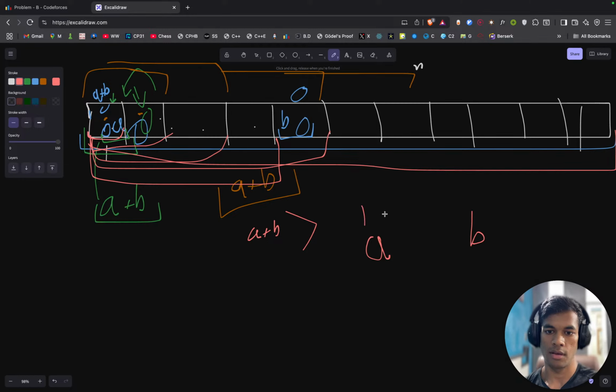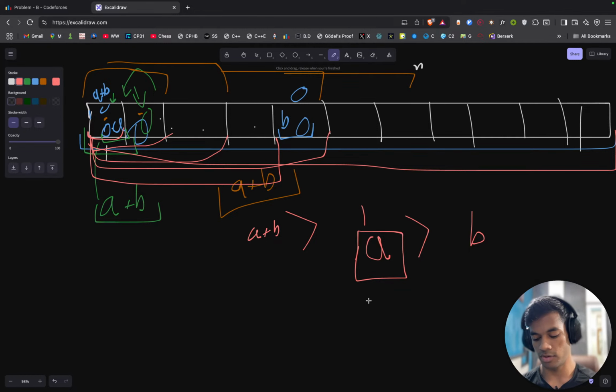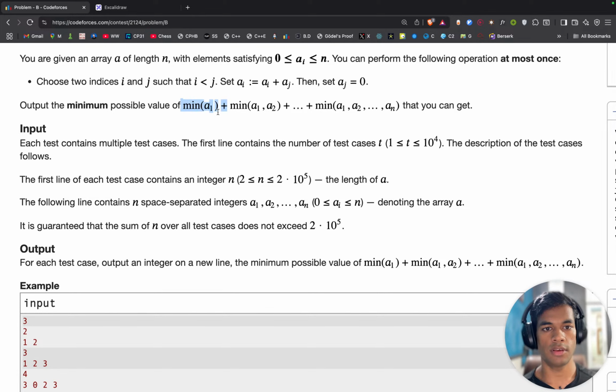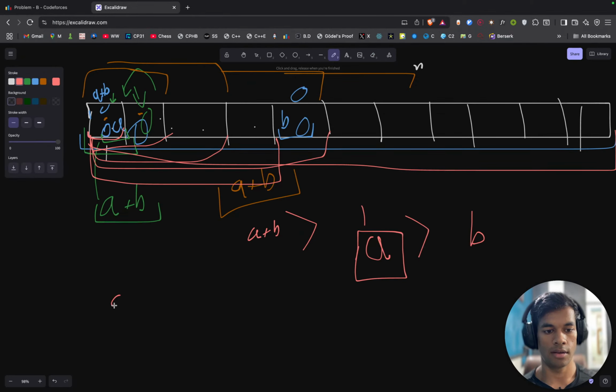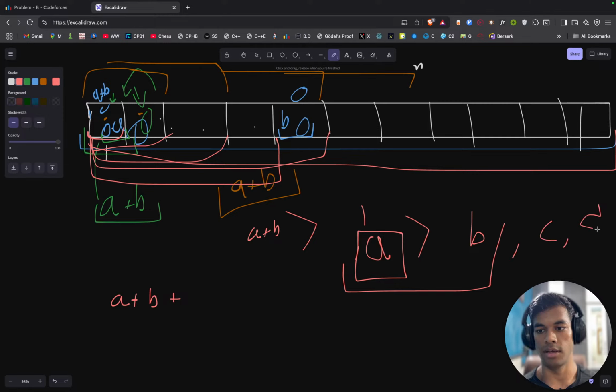If a is greater than b, then in the first case I am going to add a. If I do not perform the operation, I would have to add a, and then the minimum of these two would be b, so I would add b, and then I would move on to add, let's say, c, d, and whichever the minimum element is.